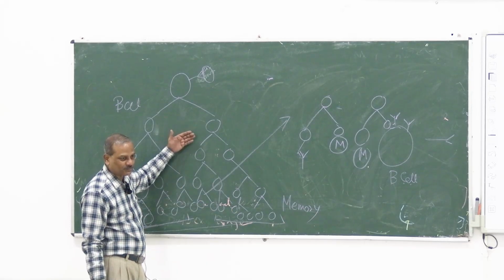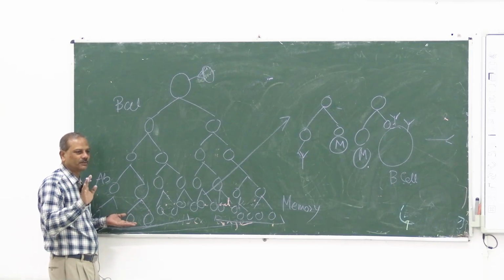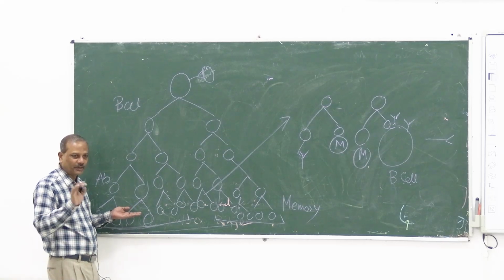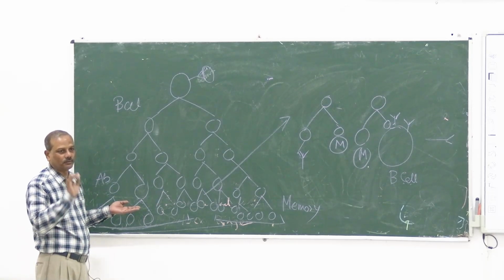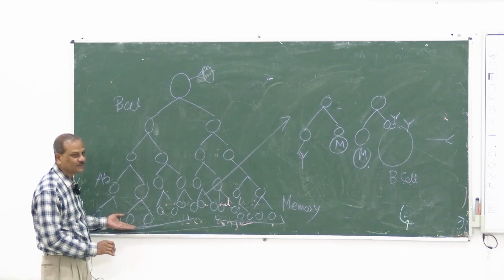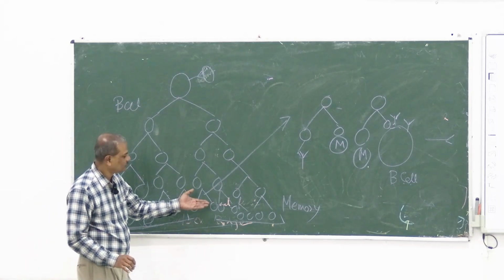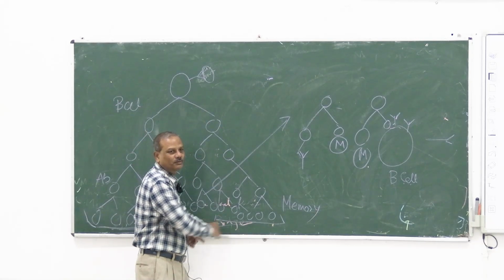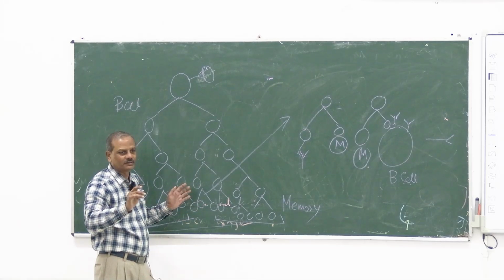In the primary response, the antibody concentration, in case of antibody it is called titer, not concentration, will be low because the numbers are low. Now when the secondary response occurs, the number which was 1 may be of the order of 1 lakh or 10 lakhs, 1 million, 10 million.